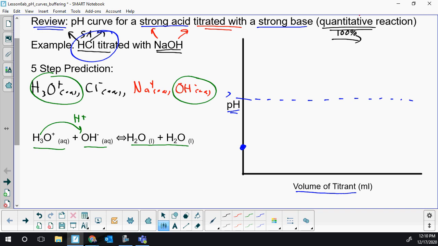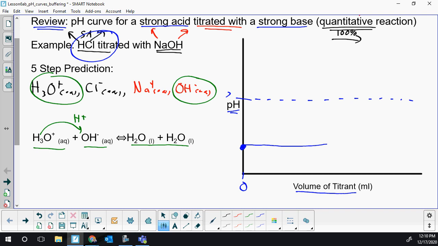Now, as you start adding base, that dot is at 0 volume. When you start adding sodium hydroxide, it doesn't shoot straight up. We see a relatively flat line because as you add sodium hydroxide, the acid is neutralizing it, which still leaves a large amount of acid left over. There's no base as you first add sodium hydroxide.